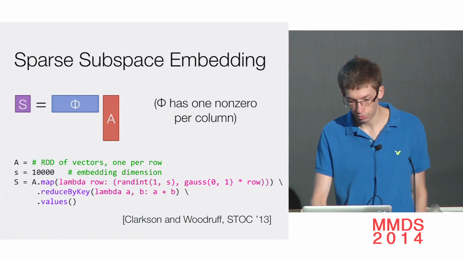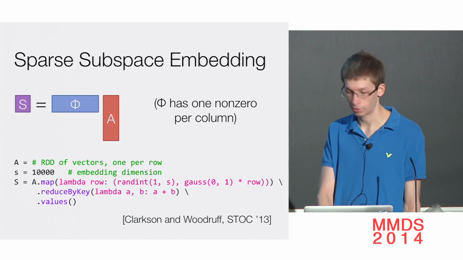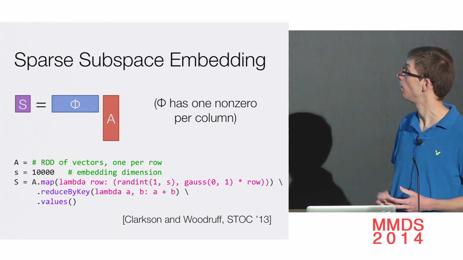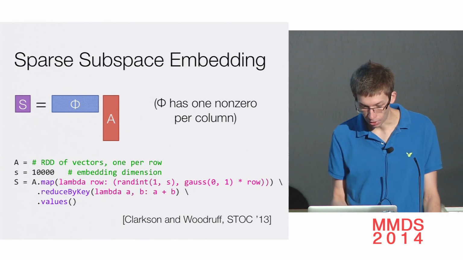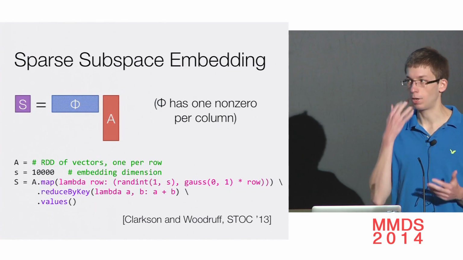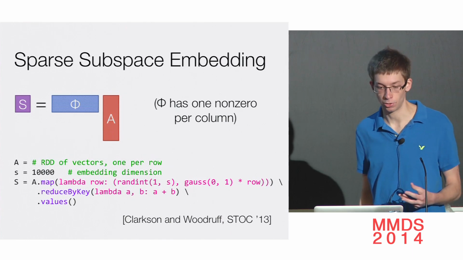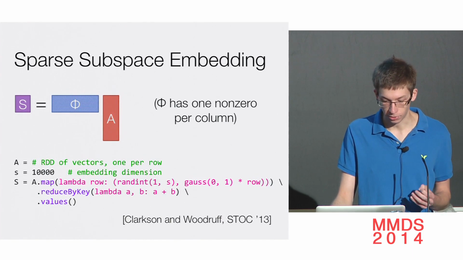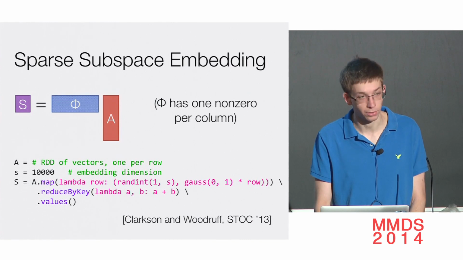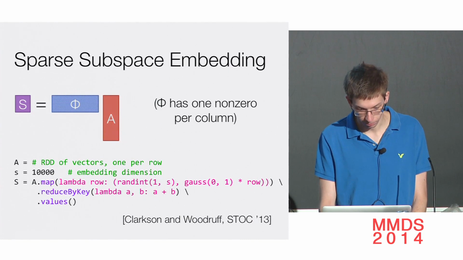To do this matrix multiply, we just generate a random column and a random Gaussian variable on each one, and then we add them together. This runs the computation locally. It's very fast and easy to write. So these are just some of the things that you can do with it.